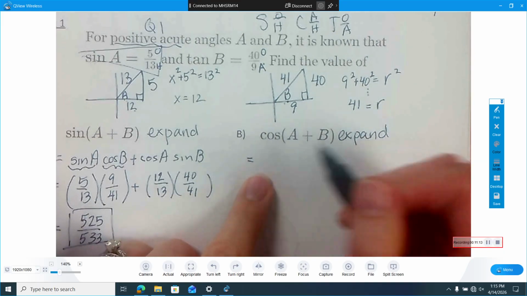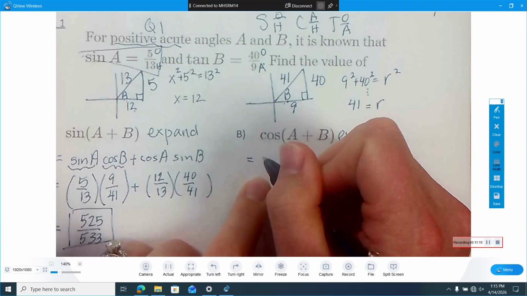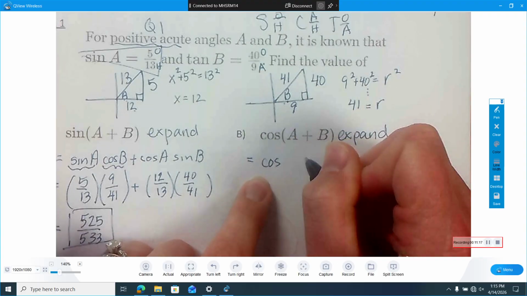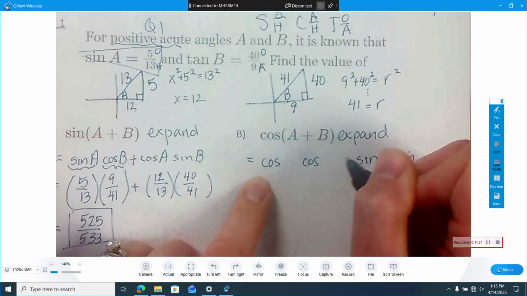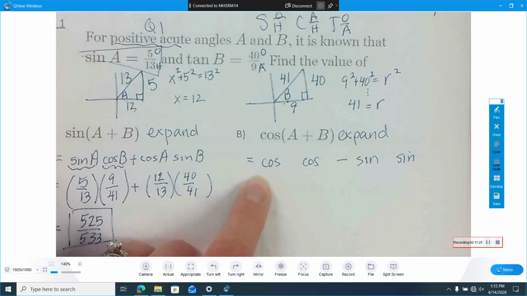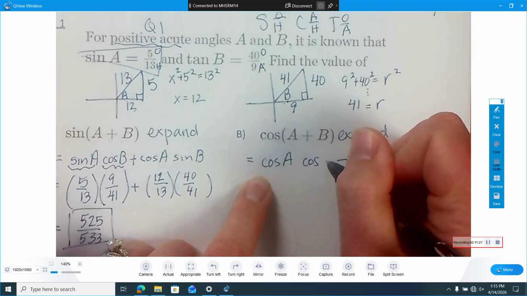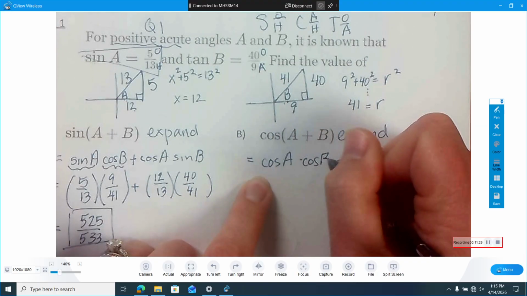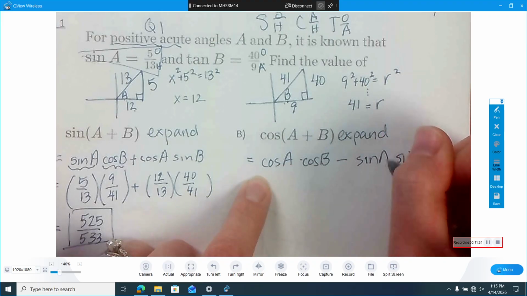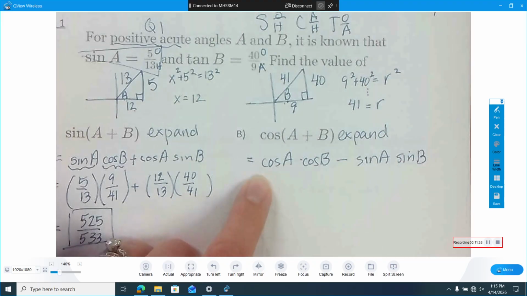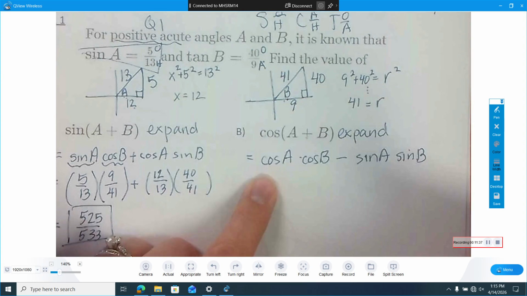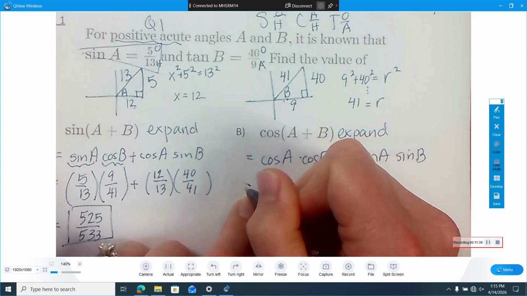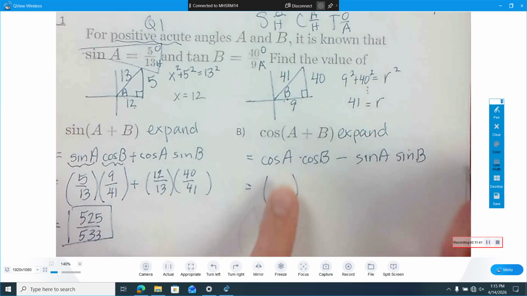What's the expansion for cosine? Cosine, cosine, sine, sine, change the sign. So the plus becomes a minus in the middle of those. It's cosine of the first times cosine of the second minus sine of the first, sine of the second. So this is just the expansion from above, and now we actually need to put in the ratios.